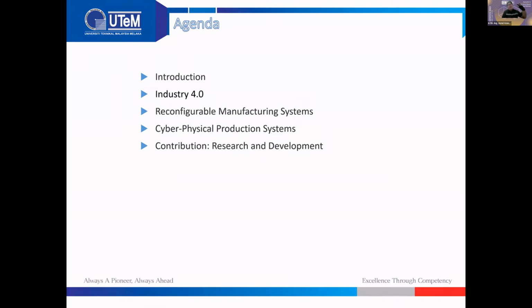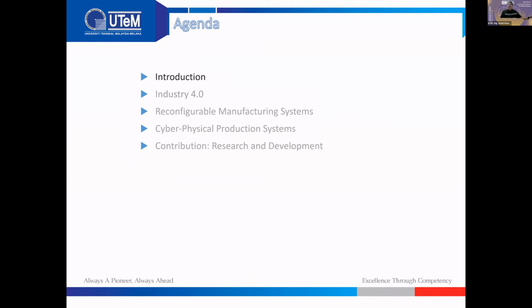Along my presentation, you will see why I focus on these two elements. At the end, I'm going to show you what my team and I have done related to this topic. I hope this gives you some idea on smart manufacturing and Industry 4.0, and that you get an interesting presentation.